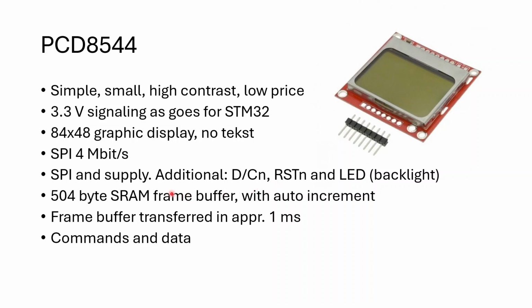And the RAM speed is at a pace that basically you can hold up a transfer of 4 megabits per second. That means half a megabyte per second. So if you calculate that, that means that a complete frame can be sent to this chip in almost 1 microsecond. And that being said, you can send either commands or data, and with data I mean frame buffer data. So that's about, let's say, the highlights of the chip.